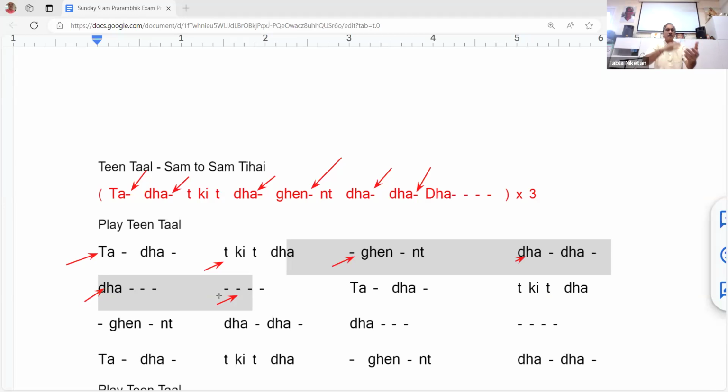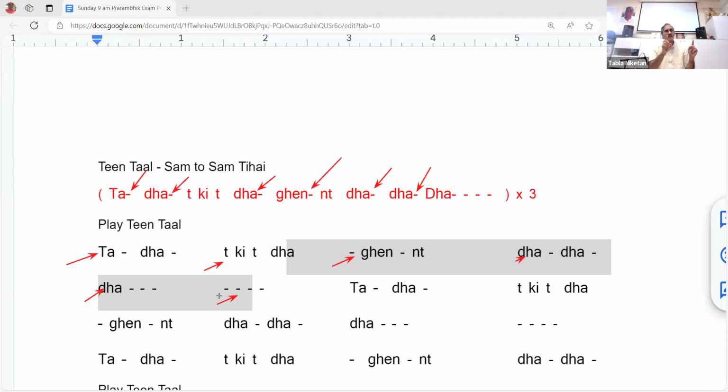Ta dha ta ki ta dha ge ta dha dha, pause. Ta dha ta ki ta dha, ge ta dha, dha, dha.